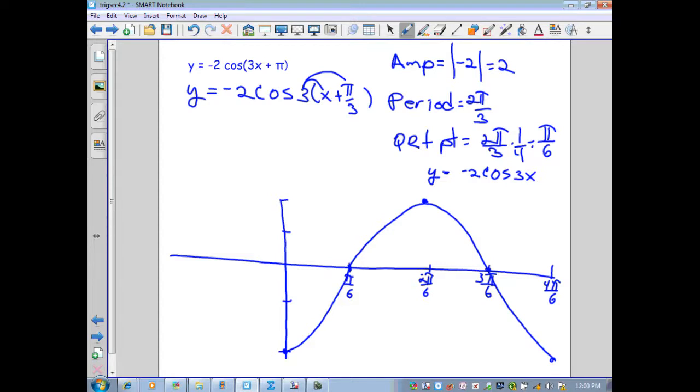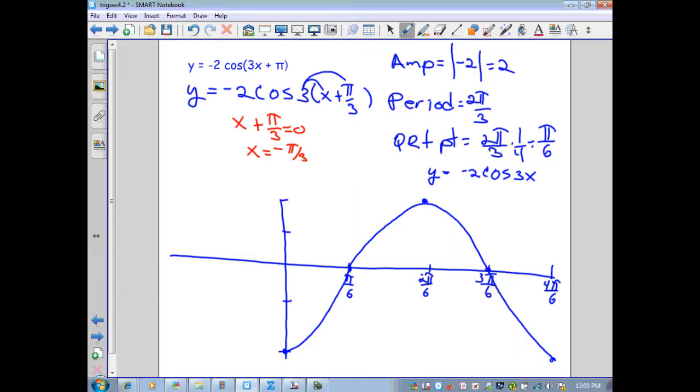Now what I want to do is graph the function with the phase shift. So what I need to do is set the interior function x plus pi over 3 equal to 0 and solve. x equals negative pi over 3. Therefore, my function's quarter points are going to shift to the left by the amount of pi over 3.